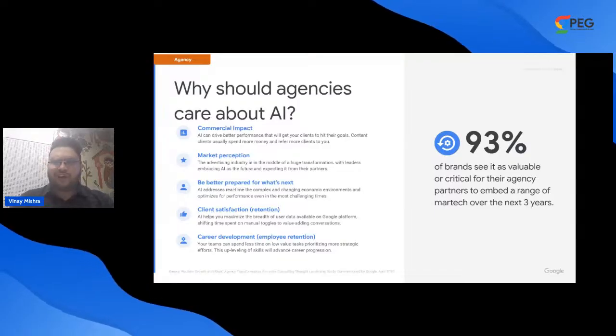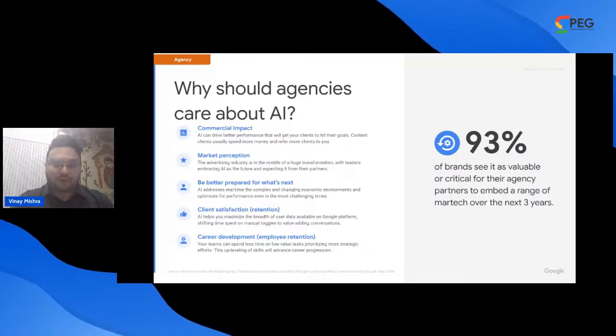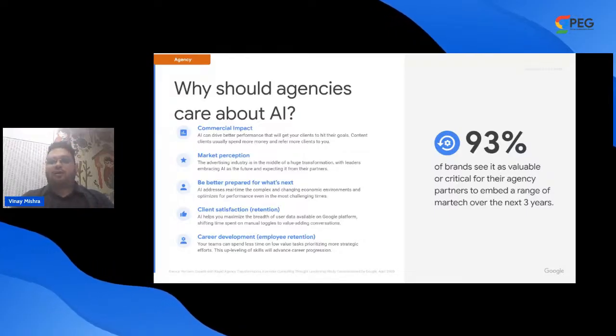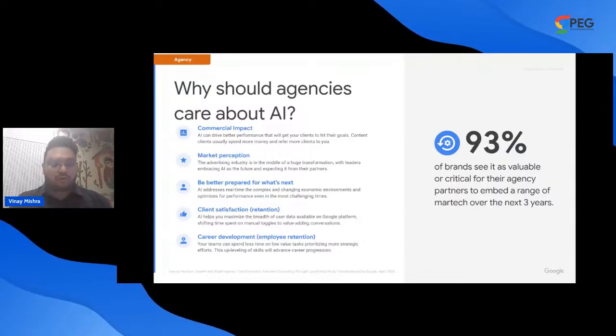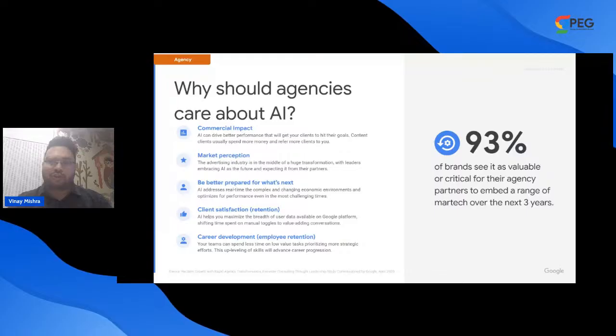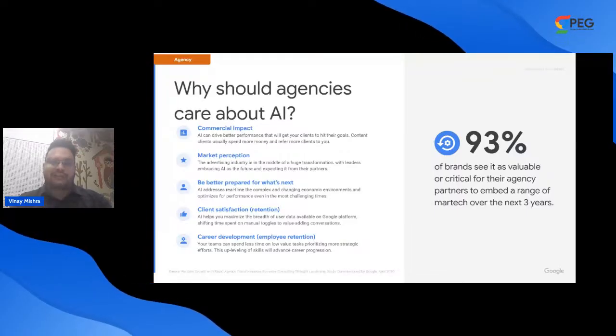AI can drive better performance, which is going to help you achieve your goals. And when you're putting AI to best use, along with Google's tons of information which have been gathered and put to use, it helps the agencies again.